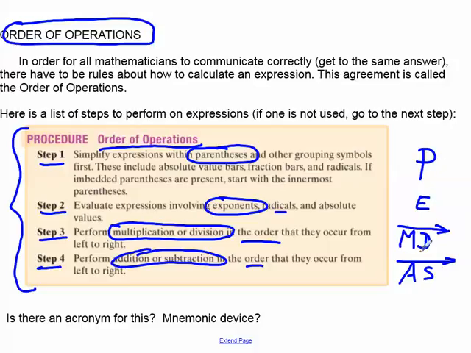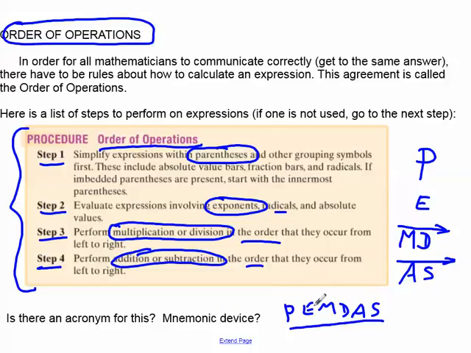So here's my acronym. Sometimes it's called PEMDAS. Sometimes it's described as, please excuse my dear Aunt Sally for whatever she's done, putting her elbows on the table or whatever. There's the acronym and there's the mnemonic device.